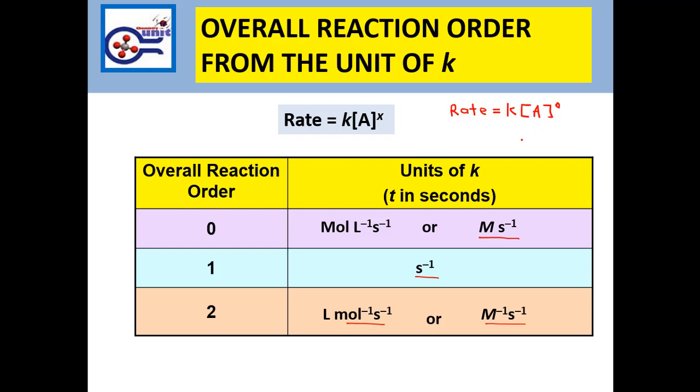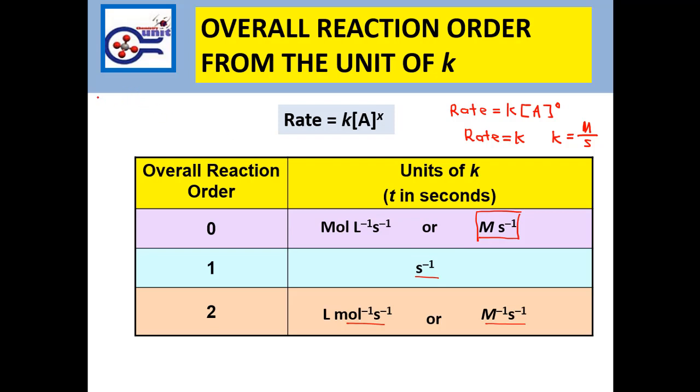Anything to the power of 0 is equals to 1, so rate kita sama dengan K. Dan kita tahu rate tu adalah change in concentration over time lah, so concentration divide by time. Kita akan dapat molar per second. Okay, so we can try untuk first order pun.